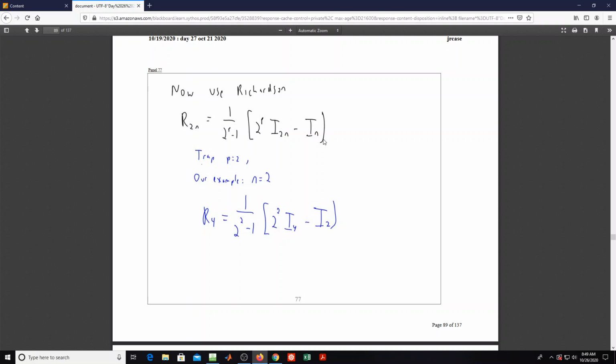In our example, n is equal to 2. So what I'm going to say is R4 is going to be 1 over 2 squared minus 1, times 2 squared I4 minus I2. Because this is the more exact answer, I'm going to weight this more than the lesser one. And so what I'm going to get is R4 is 1/3 times 4 minus 1.